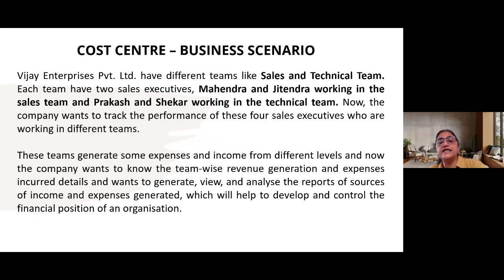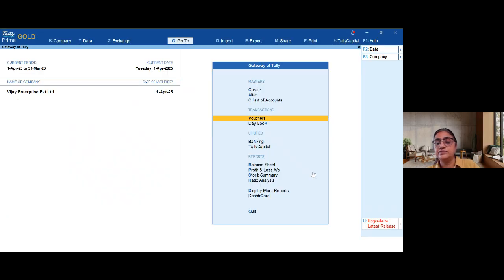Sales and technical team: Mahendra and Jitendra work in the sales team, and under the technical team, Prakash and Shekhar work. So 4 cost centers should be created, but under the sales team, 2 cost centers are created, and under the technical team, 2 cost centers. While 4 are the cost centers, while selecting, it should be under the technical team and under the sales team. Is it clear?